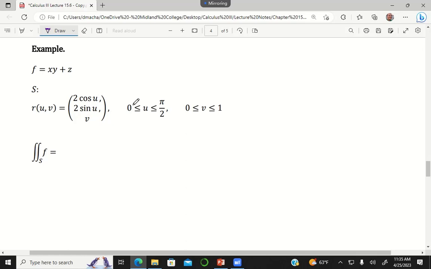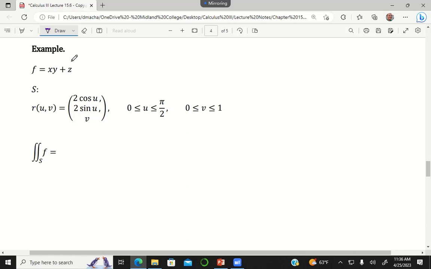And then in the x and y coordinates, we're talking about a cylinder with radius 2, except that I'm only letting my parameter u go between 0 and pi halves. That means I'm only talking about the quarter of the cylinder that's standing up in the first quadrant. So this avoids the same issue that we had in the previous example.